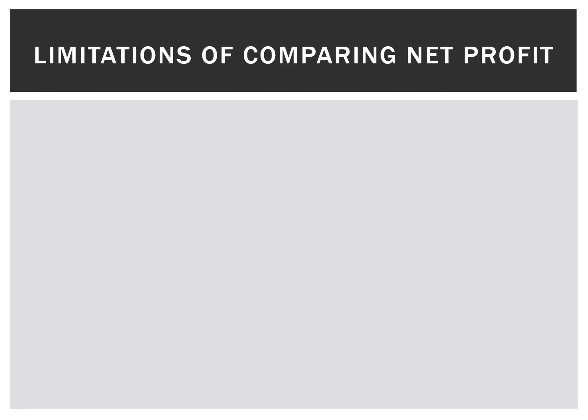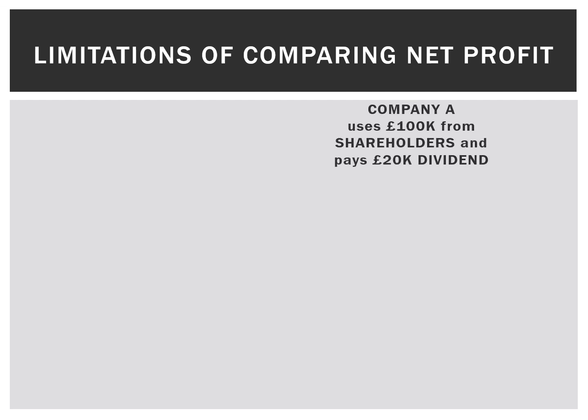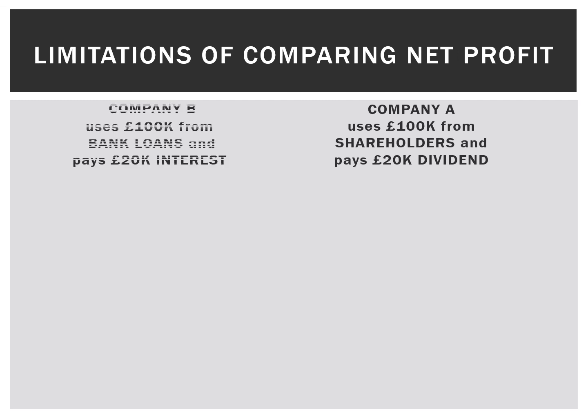So that's the operating profit percentage, sometimes referred to as the net profit percentage. The net profit isn't generally used when it comes to ratio calculations for one good reason. If we look at an example here, we've got two companies. The first company raises £100,000 from shareholders, issues £100,000 worth of shares, and those shareholders get a £20,000 dividend during the year.